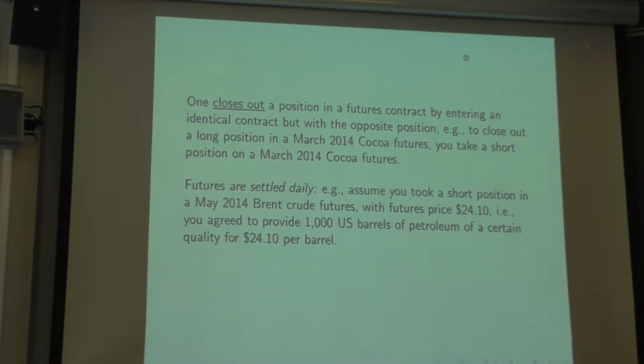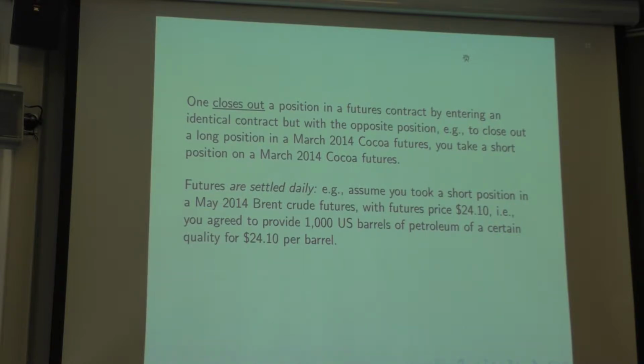So let's pretend that it says 2024. And suppose that we agreed on a price of 24.10. So I went to the exchange and I said, I want to sell oil on a certain date in the future, and the exchange says, fine, for that date, the agreed price is 24.10. I say, fine. And suppose that the underlying asset for this futures contract is 1,000 barrels of oil. So I say, fine, I'm going to provide 1,000 barrels of oil at this date in the future for that price we just agreed to.